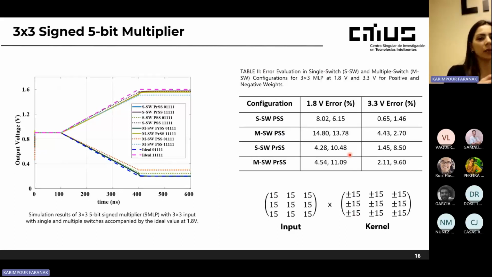For example, in a PRSS structure, I try to increase the width and length, to work on the size of the transistor to make it better. But we cannot make it much bigger than 1 micron. So we increase it until 1 micron.